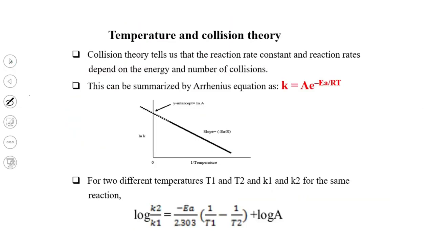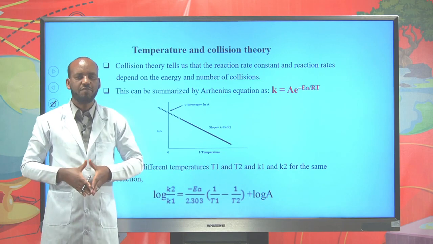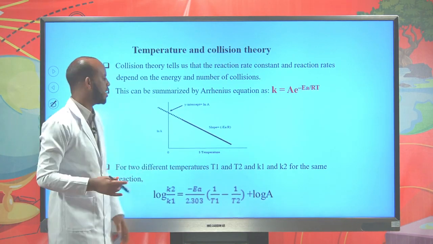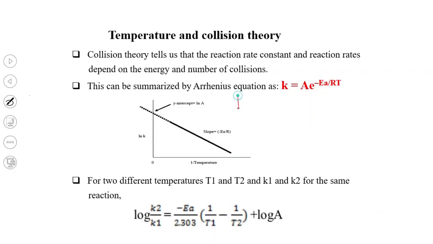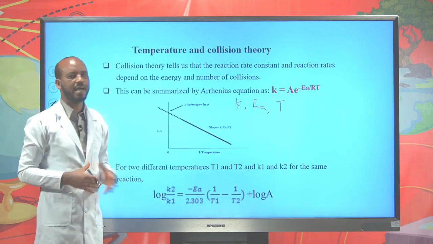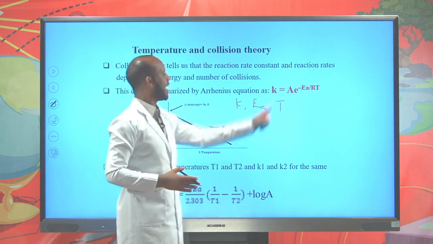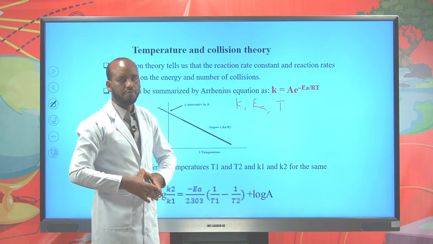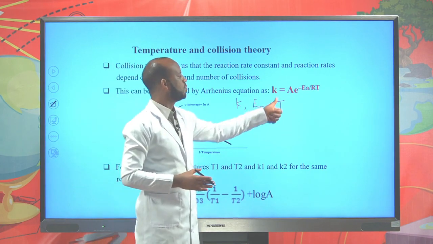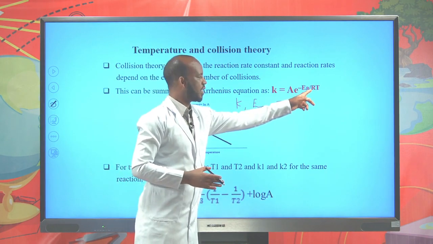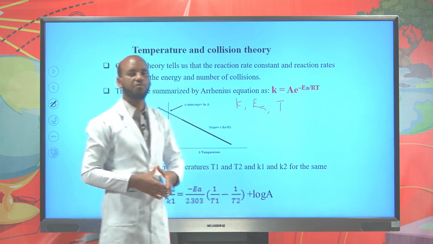Temperature and collision theory. Svante Arrhenius developed a mathematical relationship between rate constant, activation energy, and temperature of the reaction. Now, according to Svante Arrhenius, K is rate constant, equal A, the frequency factor, times e raised to minus EA, this is activation energy, divided by R, the universal gas constant, times T, the temperature of the reaction.